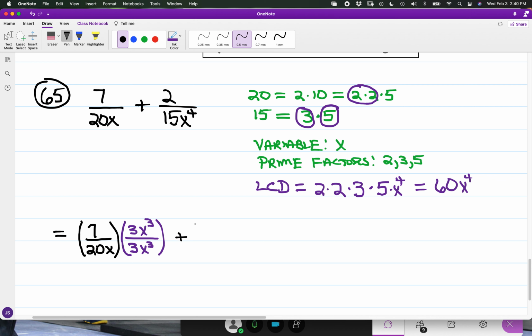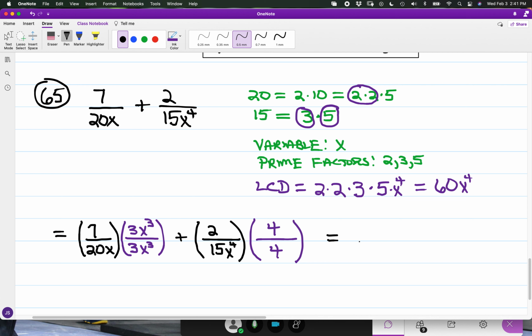Now for 2 over 15x to the fourth, we already have x to the fourth present. So we multiply by 1 in the form of the number of times that 15 goes into 60, divided by itself. 15 will go into 60 4 times, so the second ratio is multiplied by 1 in the form of 4 over itself.